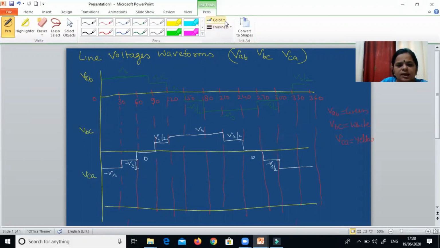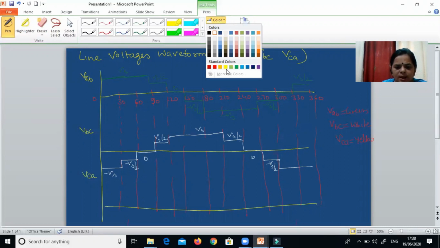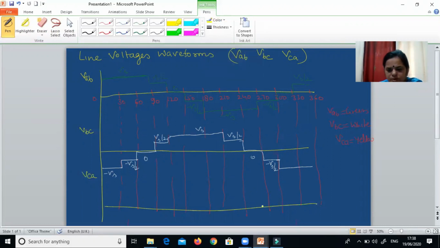Now at last, if I plot VCA, from this point to this point I am going to get Vs, then Vs by 2, then 0, then minus Vs by 2, then three times minus Vs, then minus Vs by 2, then 0, and then here it will be Vs by 2.